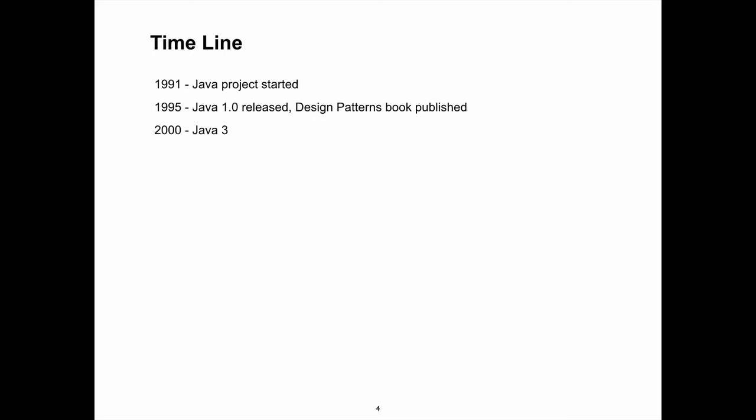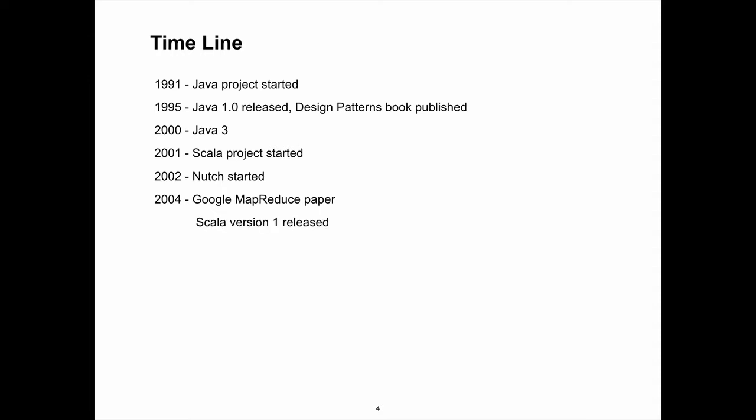But yeah, the timeline, right? Scala was started like the year before they started Nutch, which became Hadoop, and so Hadoop really does fall strictly in the object-oriented programming world.